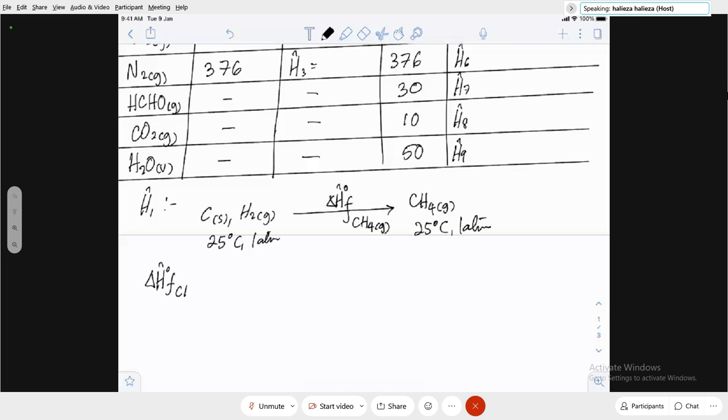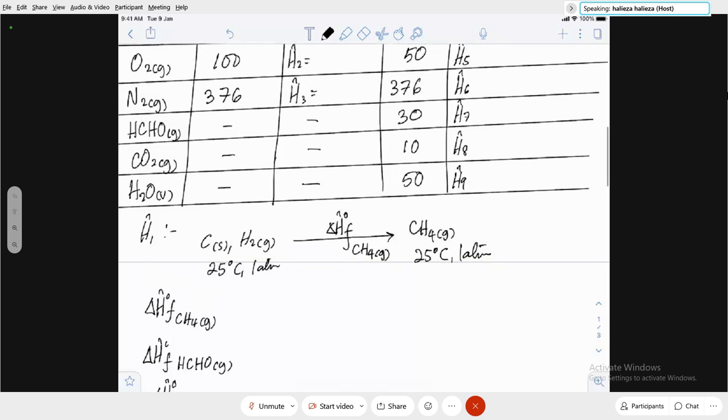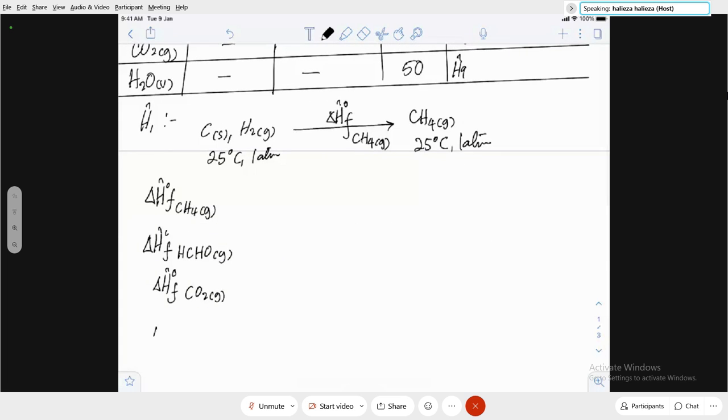I have methane. I also need the heat of formation of formaldehyde gas, carbon dioxide gas, and water vapor.